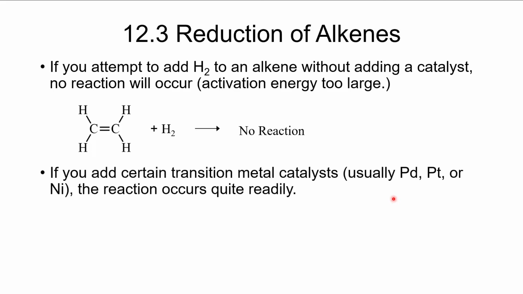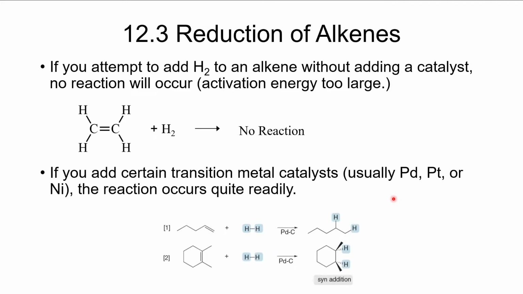All right. An alternative, and this is the alternative we're going to recommend here, is that you add certain transition metal catalysts. The one that we're going to use the most is palladium, but platinum and nickel are options in certain cases. And usually you'll take the palladium and adsorb it onto the surface of activated carbon. And so that's why we get the palladium on carbon.